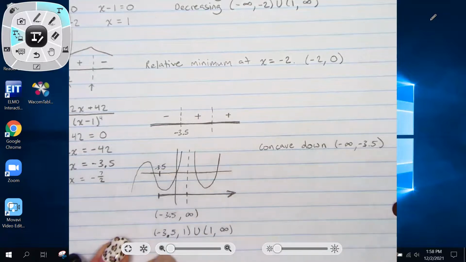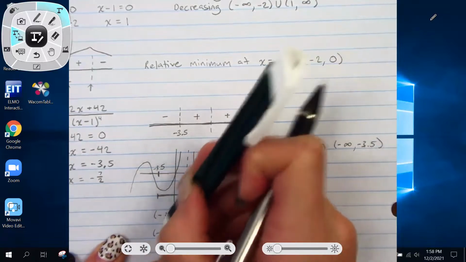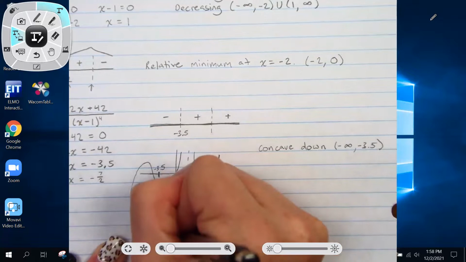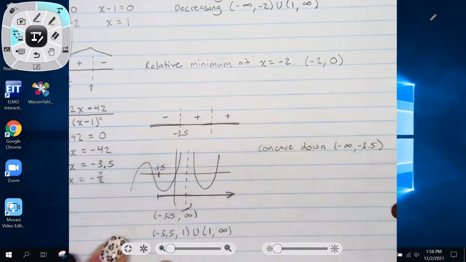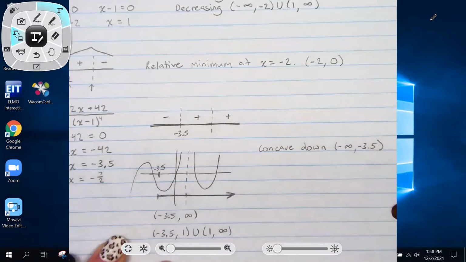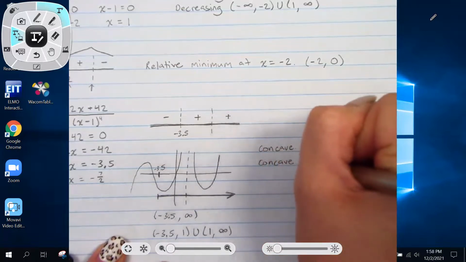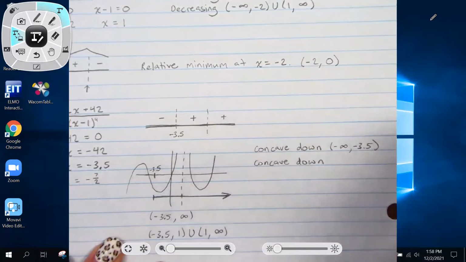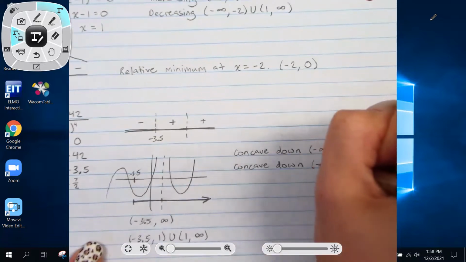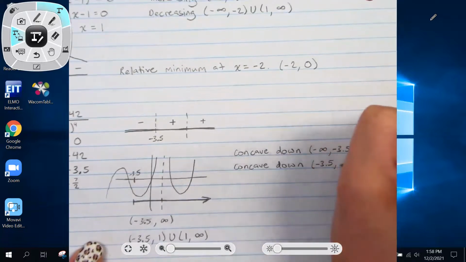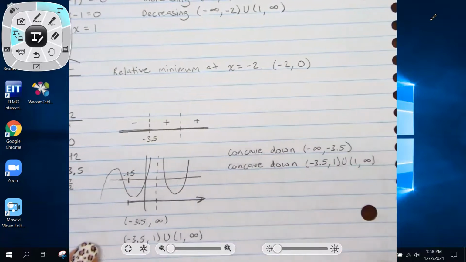So we're not including 1 in this interval, because at 1, the function doesn't exist. Okay, so I'm going to say it's concave up from negative 3.5 to 1 and from 1 to infinity.